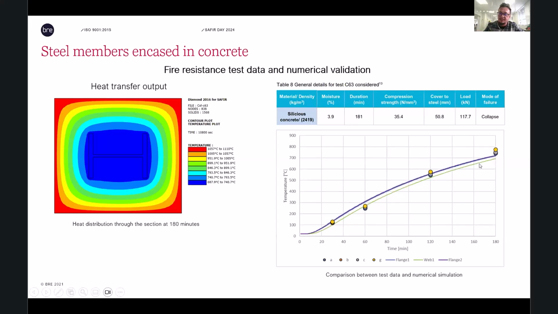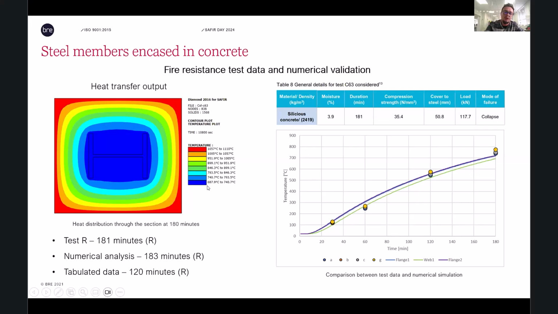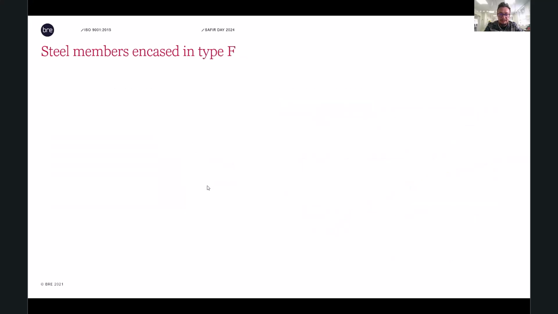We've done our numerical thermal heat transfer model, and we can see a very good correlation. And then if you run your structural model, you can see the results over here. We've got from the test 181 minutes, 183 minutes from the advanced numerical analysis, and then 120 minutes from the tabulated data. So if you want to go beyond the tabulated values, then you can look at this.